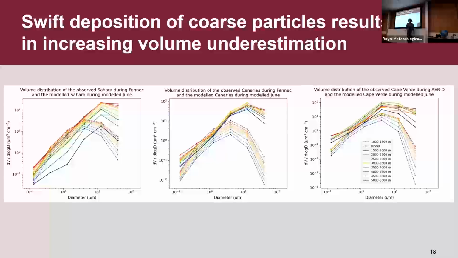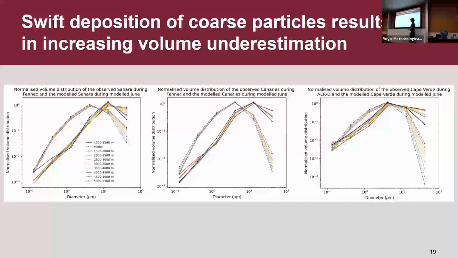So what we're going to do is nicely normalize these plots again, and it makes it quite a bit easier to understand what's happening. So in these first 2 plots on the left, you can see that the model, which is this dashed line, is peaking in bin 4, which is earlier than where the observations are peaking, in bin 5.